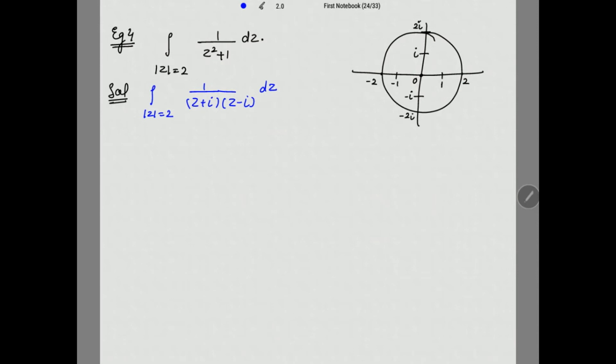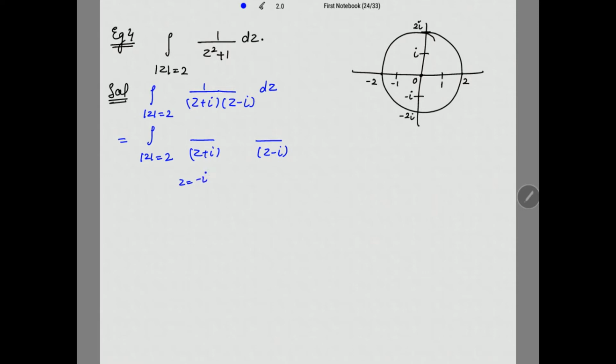Furthermore, how to separate this? Should I tell you the trick? Just write the denominators first: z + i, z − i. Put z + i equal to 0, that is, z will be equal to −i.